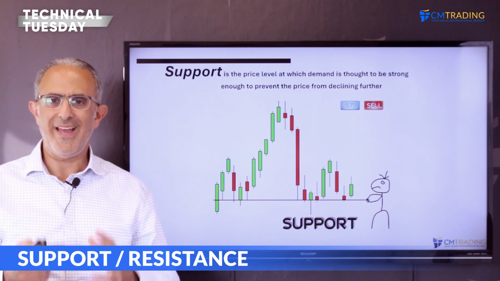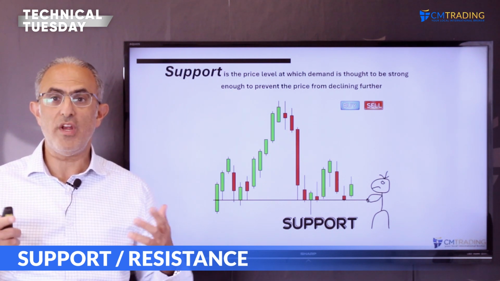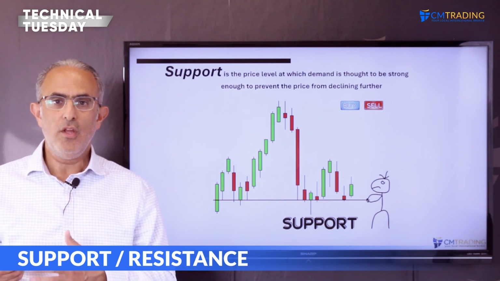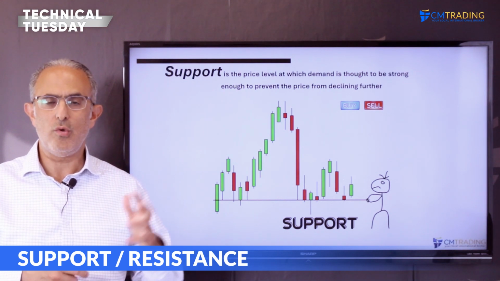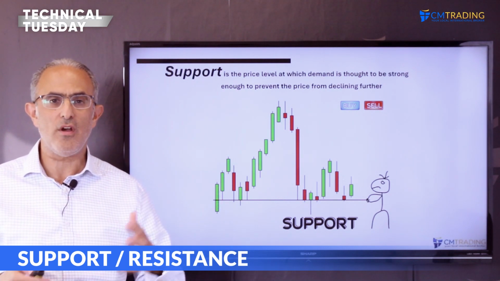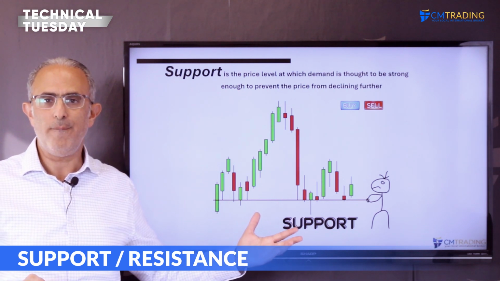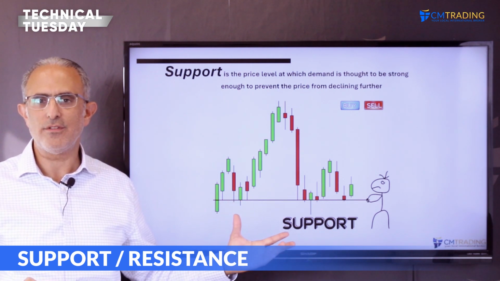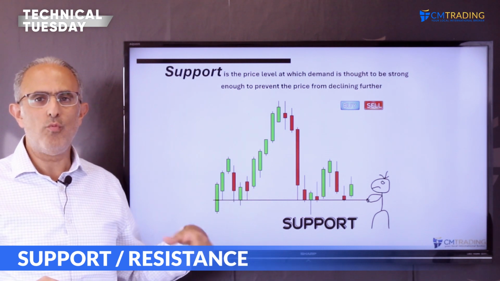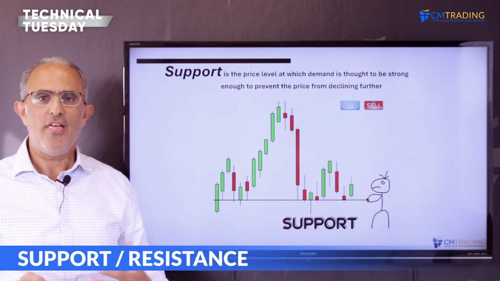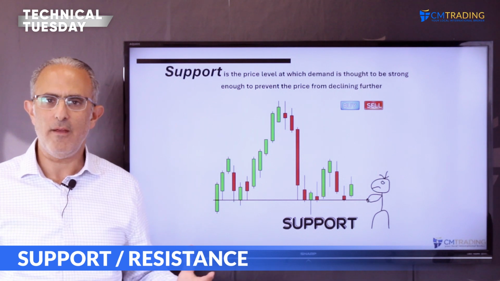Now, we collectively, as a trading community, whether we're in Japan, the UK, the United States, South Africa, South America, anywhere in the world, you're looking at the same chart. You're looking at the same price levels that everybody else is looking at, and we create these supports. They're happening in the markets all the time.